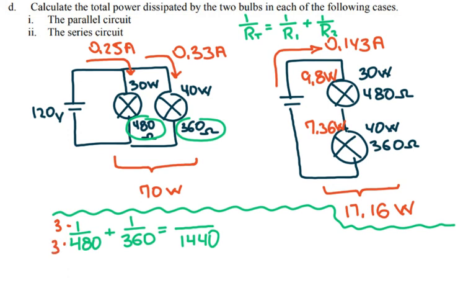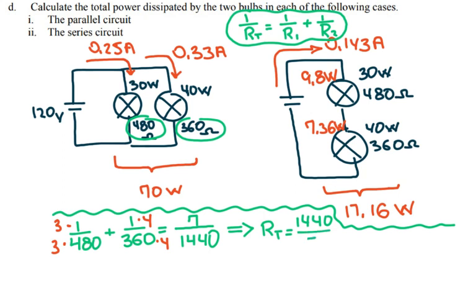And to turn the second one, you would multiply both of them by 4. So that gives you the numerator of 7. So the way we find the total resistance in parallel connection again is 1 over the result flip over. So I have to flip my result over. So the total resistance is going to be 1440 divided by 7.